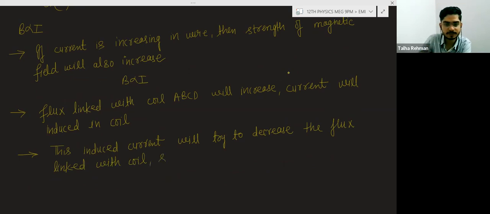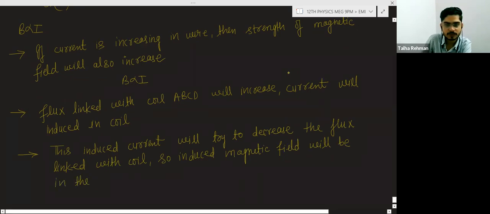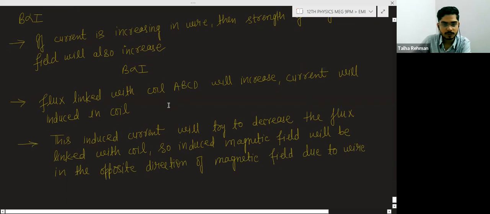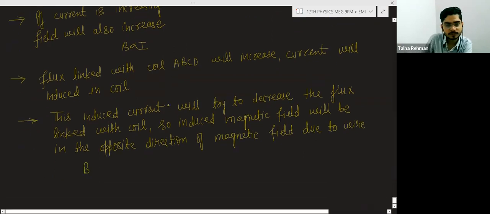So induced magnetic field will be in the opposite direction of the magnetic field due to the wire. The magnetic field due to the wire will be outwards.